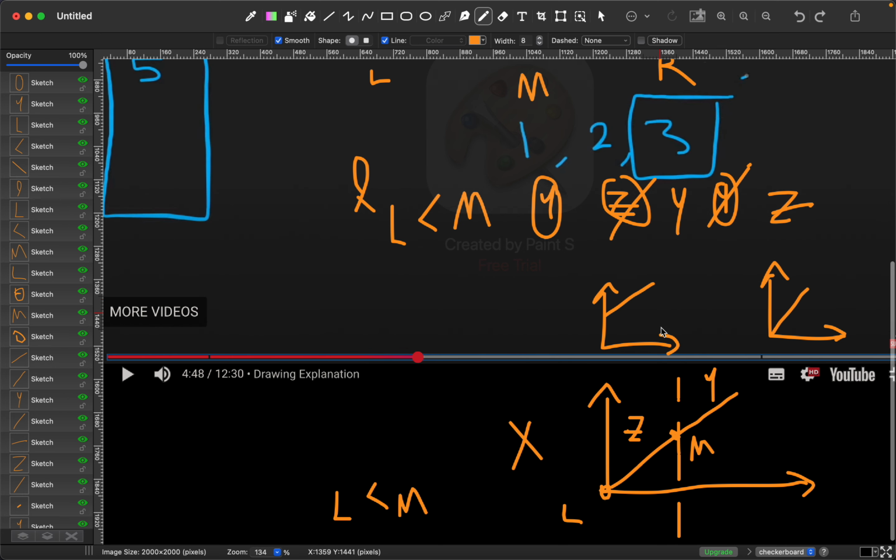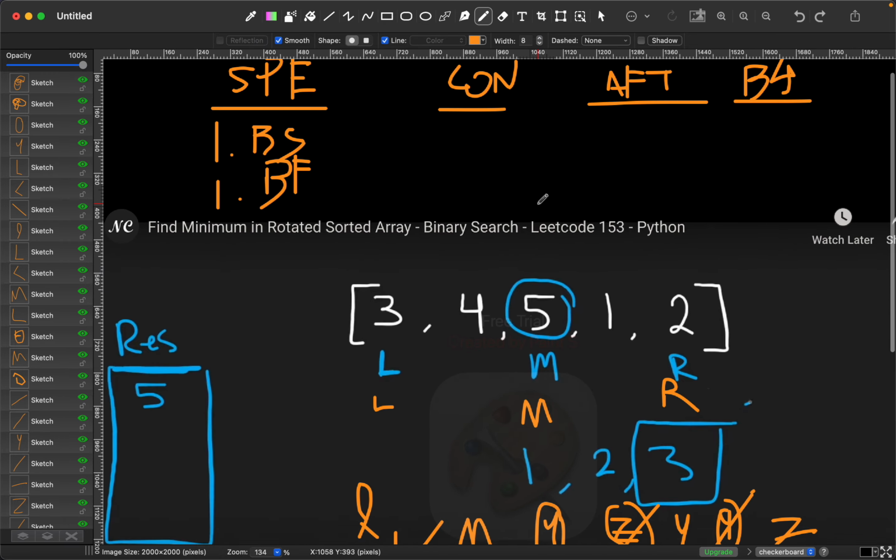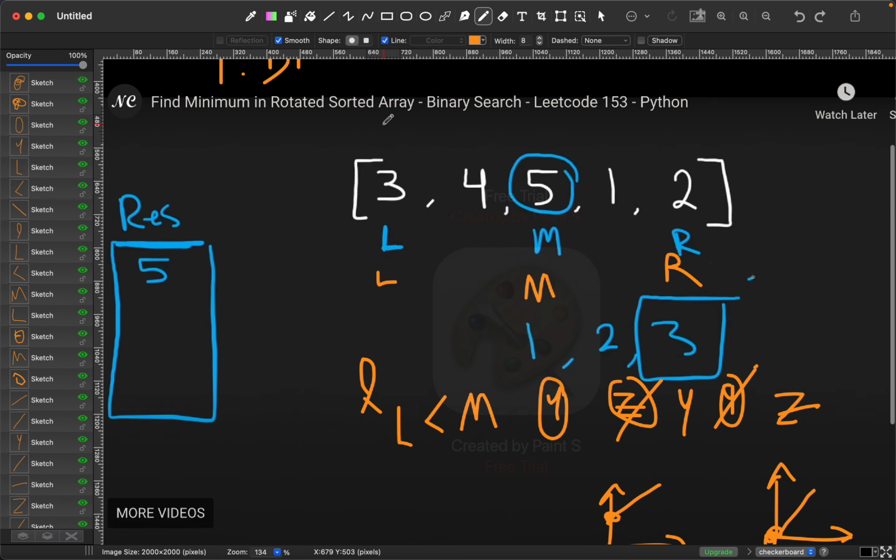So I check the Y graph's minimum value first. Because I know that the graph is going to split into two, both the Y and the Z, my objective here is very simple. I just want to check the minimum of each graph. So I take this value and record it.